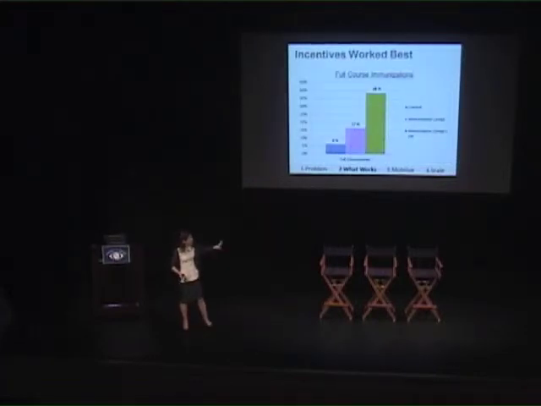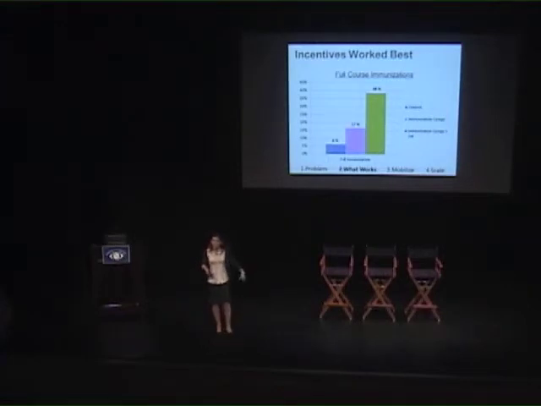They found that both immunization camps and the camps plus the incentives were quite effective at increasing immunization rates. So if you look at the immunization camps, the rate rose to 17% of children who completed the cycle compared to 6% in the comparison group.